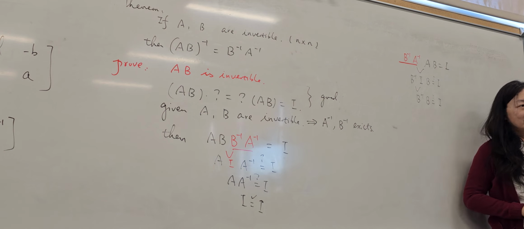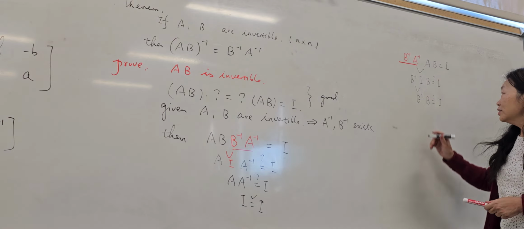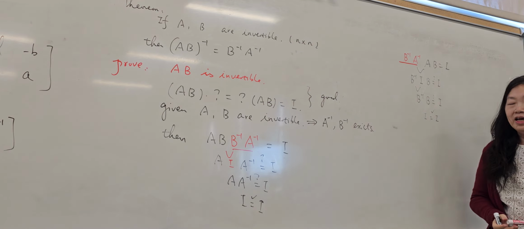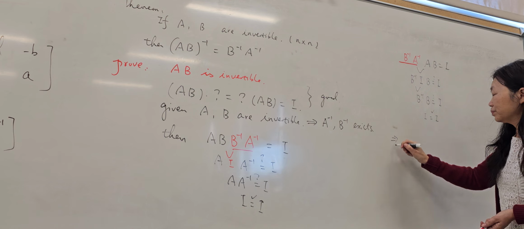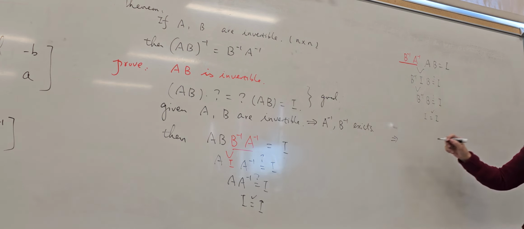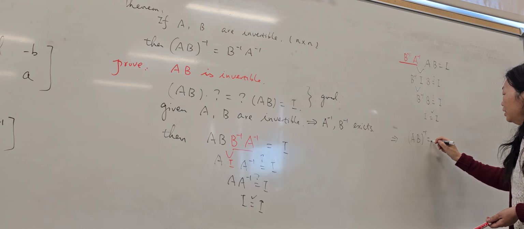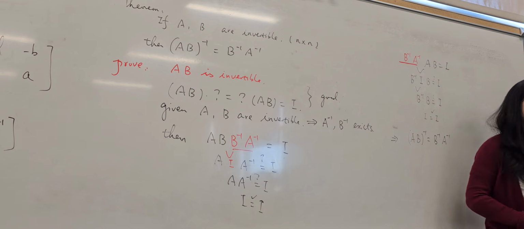Because I is the identity for matrices, they just don't use a 1 like that. It's a matrix. So then you can see I is equal to I. So the answer is yes. So that proves the inverse of AB is equal to B inverse, A inverse. So that's how you prove it.